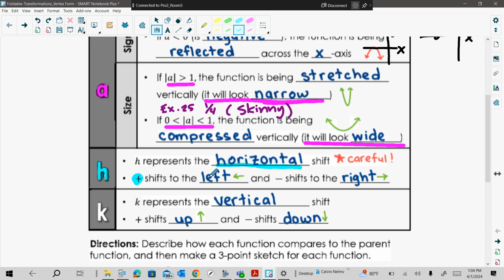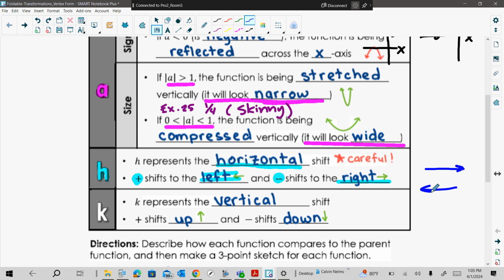But for horizontal shift, it's going to go to the left. You've got to do the opposite of what it's showing. So if H is positive, you move to the left. If H is negative, you're going to move to the right. Do we have that down? H for horizontal. When I'm referring to shifting, I'm talking about shifting left or right.